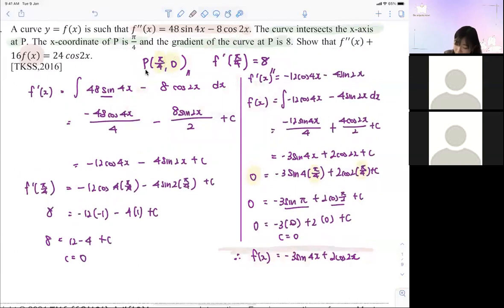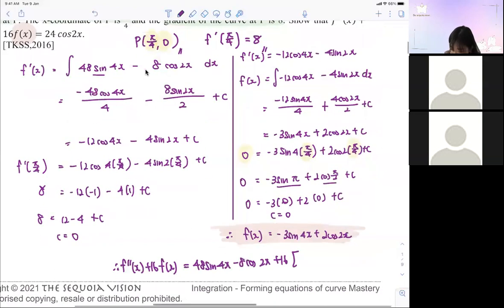Sorry, no more c. Okay, Dylan, I got space already. I write down first. Therefore, f double prime x is 48 sine 4x minus 8 cosine 2x plus 16.